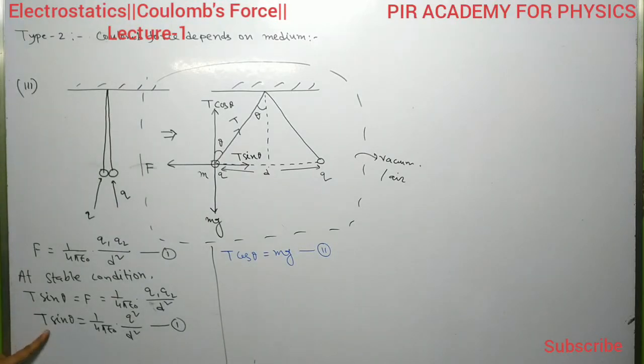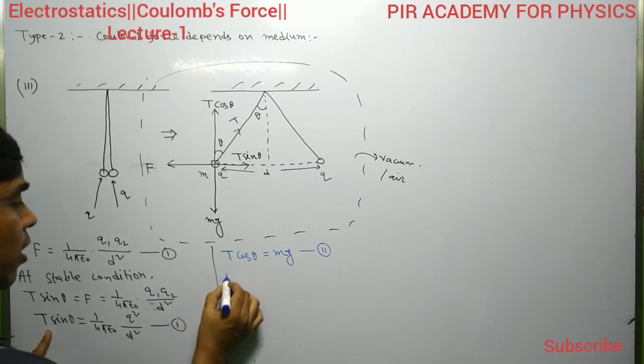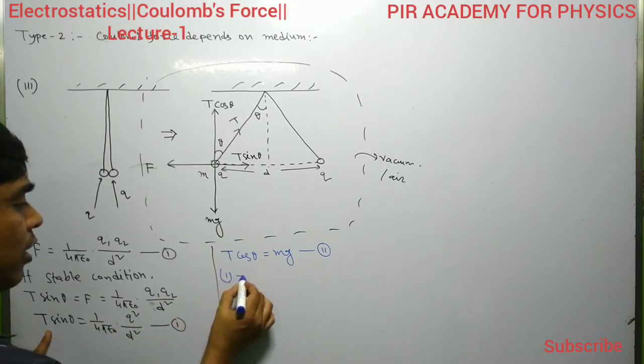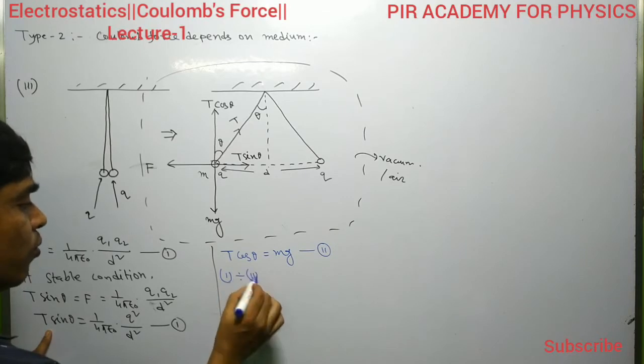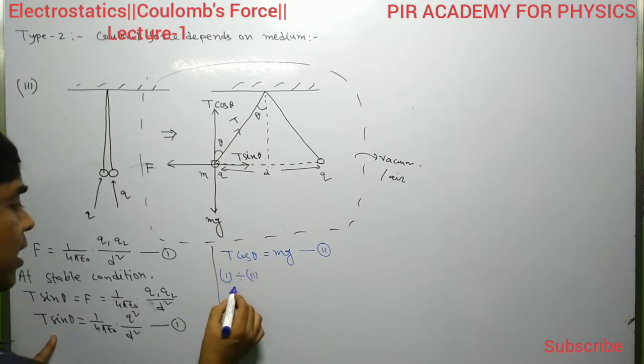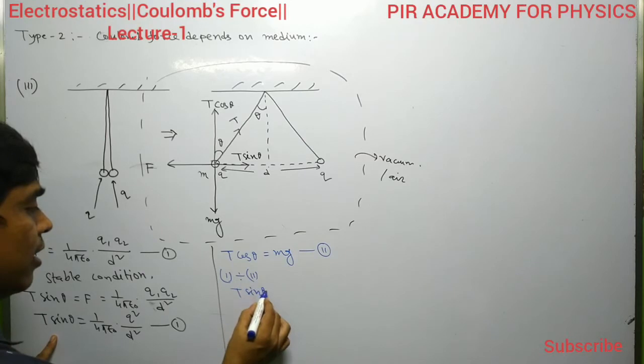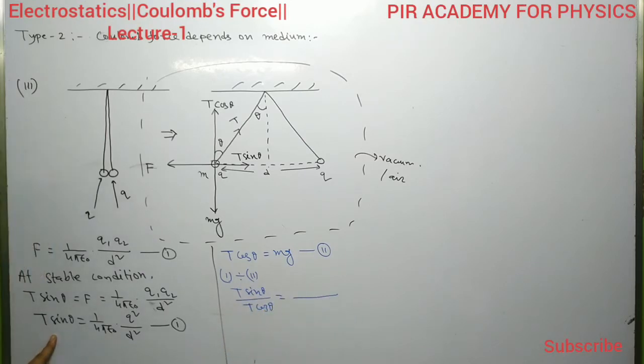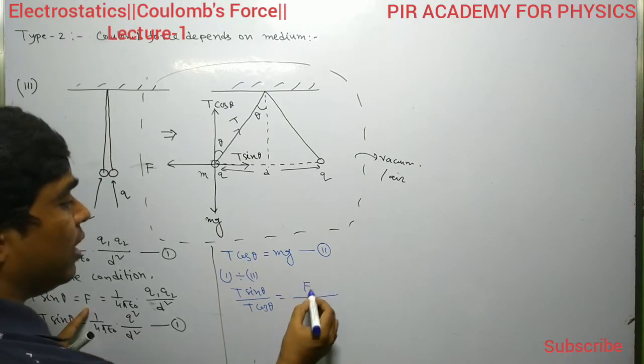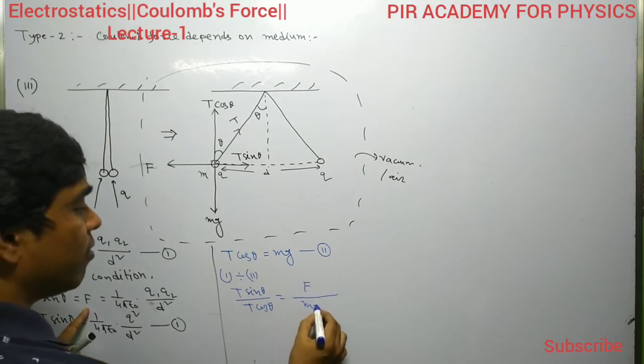If I take the ratio of these two equations, that means 1 divided by 2, then it will be T sin theta divided by T cos theta equals F divided by mg.